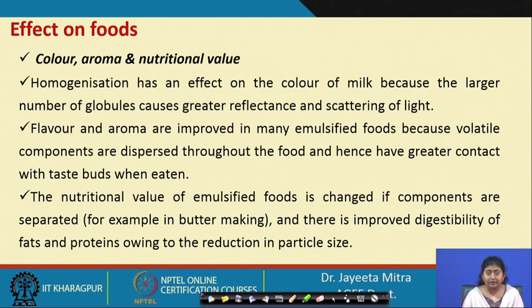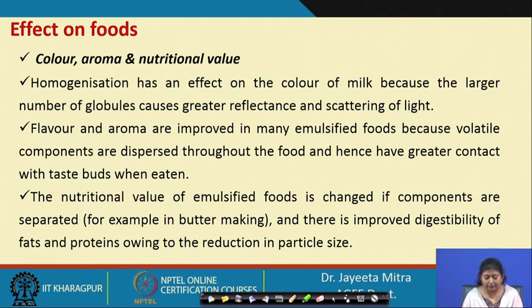This scattering of the light from all the fat globules uniformly changes the color of the milk. Flavor and aroma are improved in many emulsified foods because volatile components are dispersed throughout the food and hence have greater contact with the taste buds when they are eaten. So, flavors are improved in certain cases.